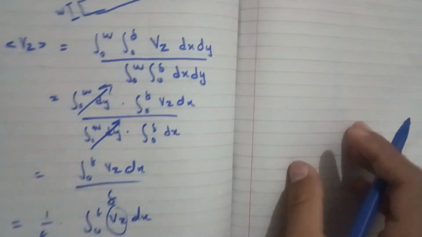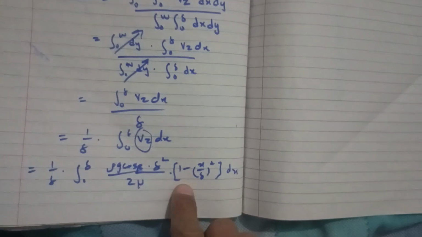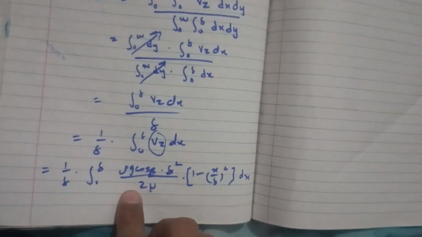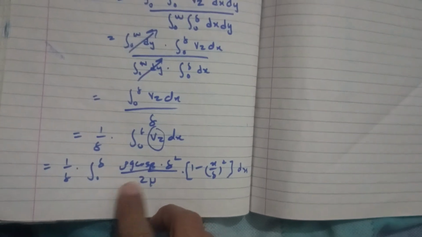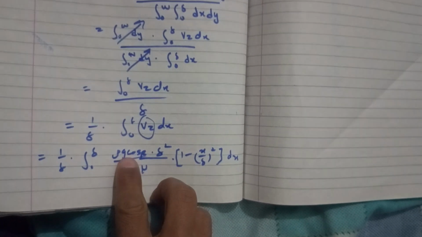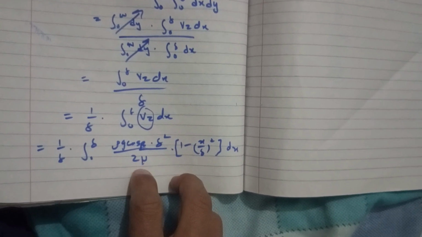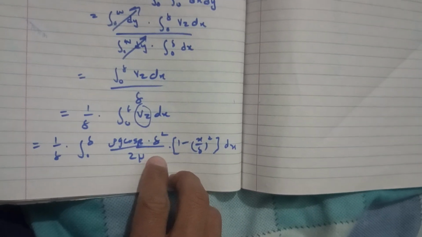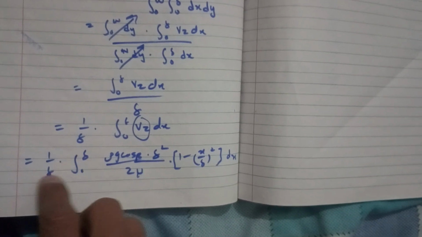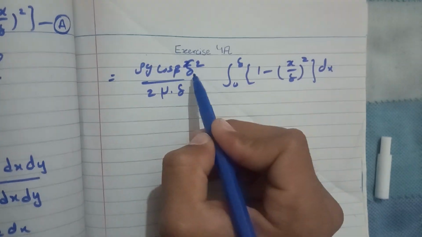Now as you know, we have placed our values in the place of Vz. Here we have to be very conscious that these terms, density, gravity, cos of beta, del square over 2, viscosity, are constant terms. So we will take these terms out of this integral. Here I have just taken the constant terms out.